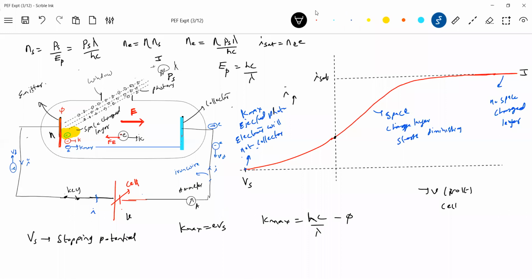It should be equal to e times Vs. I'll substitute here: eVs equals hc by lambda minus work function, or stopping potential equals hc by lambda e minus this one, which is the work function here. How do we calculate the threshold wavelength, where Kmax will be zero?